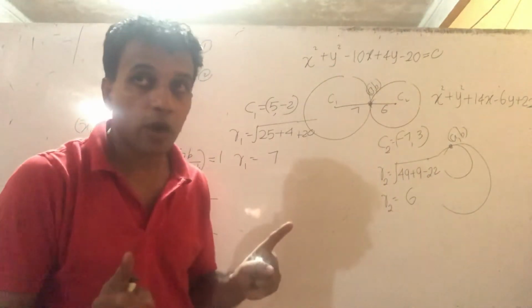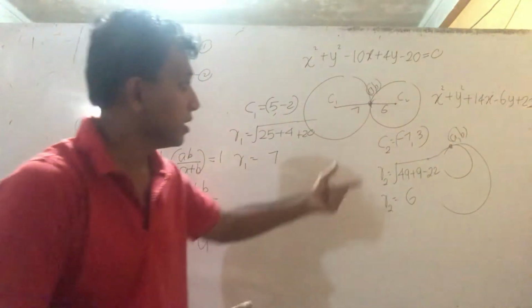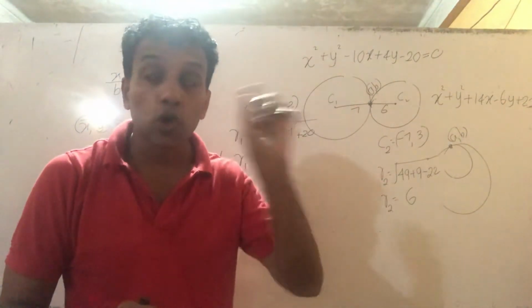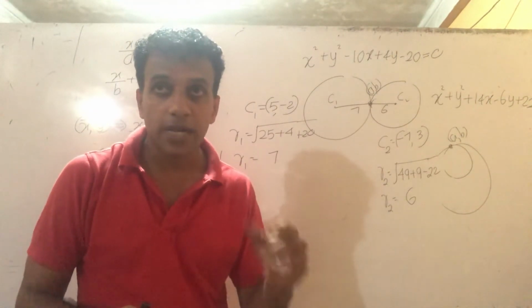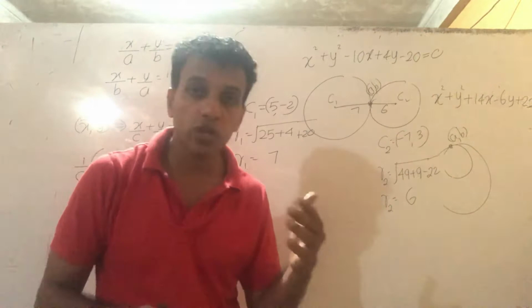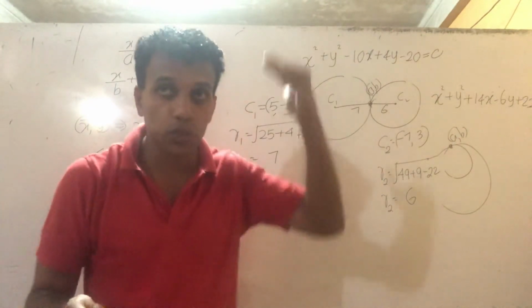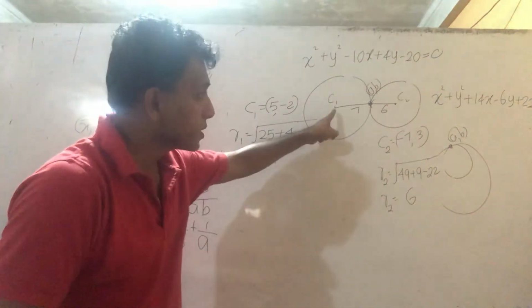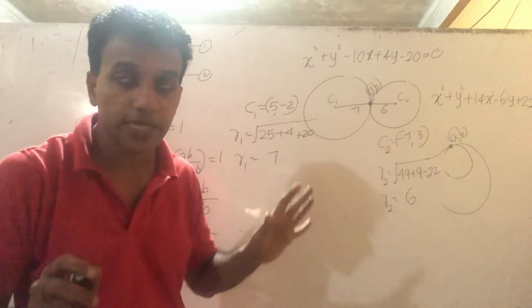I am showing this not only for this problem but for any future problems. If they ask the question, tell or check whether the circles touch internally or externally. So the distance between the centers is 7 plus 6, 13.